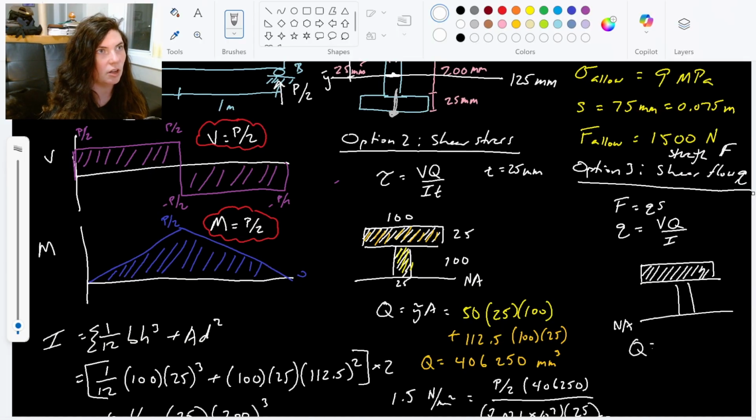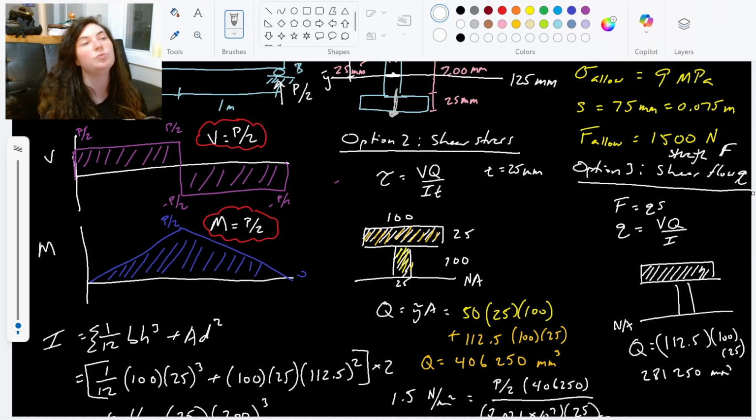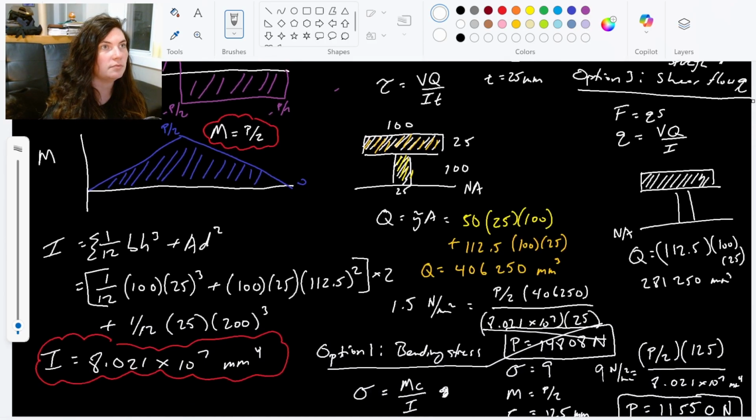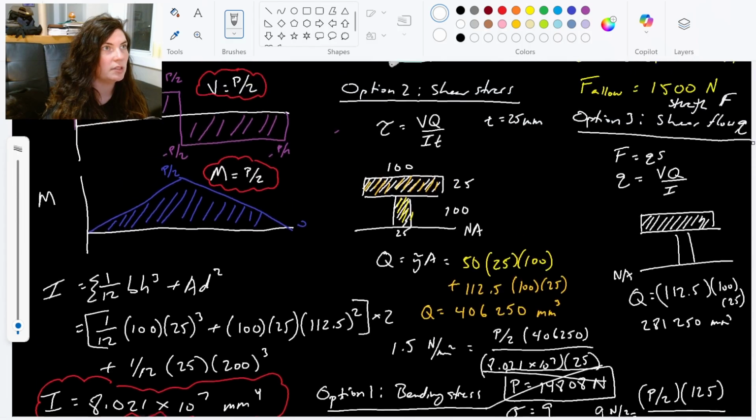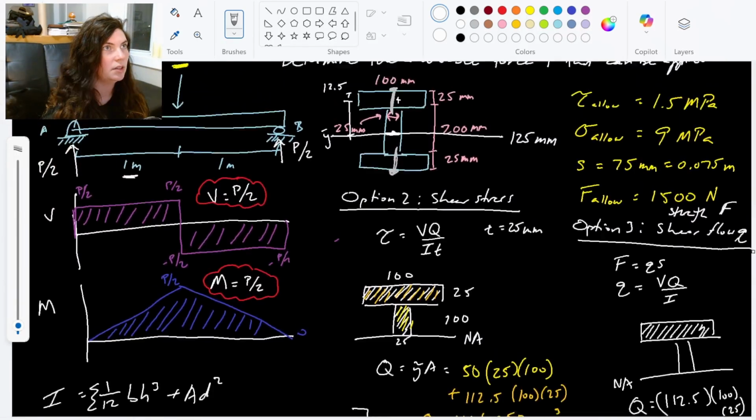So our large Q value, first moment of area, is only going to be that top portion, 112.5 times 100 times 25. So that's 281,250 millimeters cubed. So that's our Q value for this one.